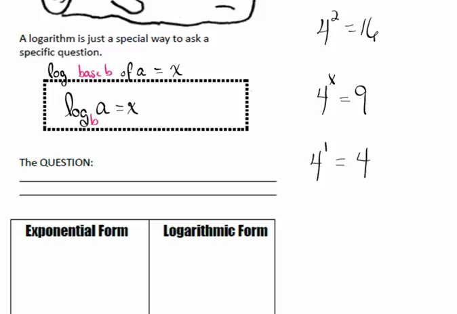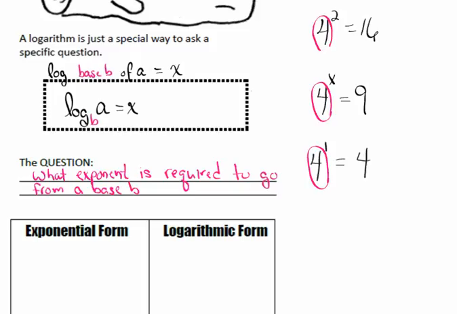So the question is, what exponent is required to go from a base b, in my example, the base is 4 in each case, so that's my base, to reach a value of a.